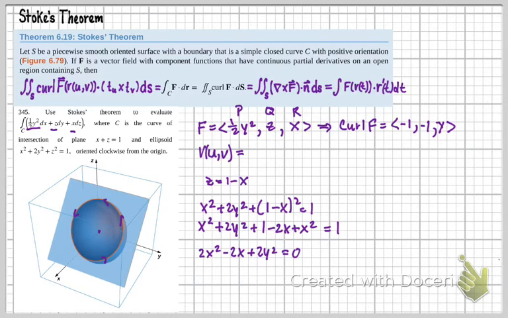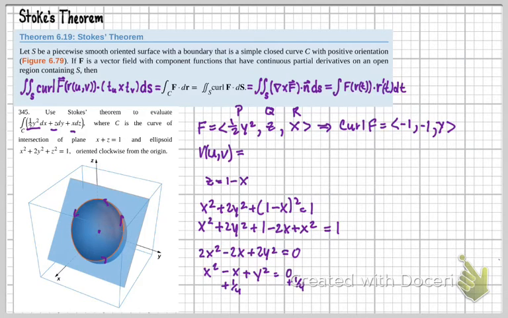So now what I'm going to do is divide both sides by 2. And I'm going to get x squared minus x plus y squared equals 0. And then I'm going to use completing the square for these two components here. So that means I'm going to have to take half of b, which is my negative x, and square it. So I'll be adding 1/4 to both sides.